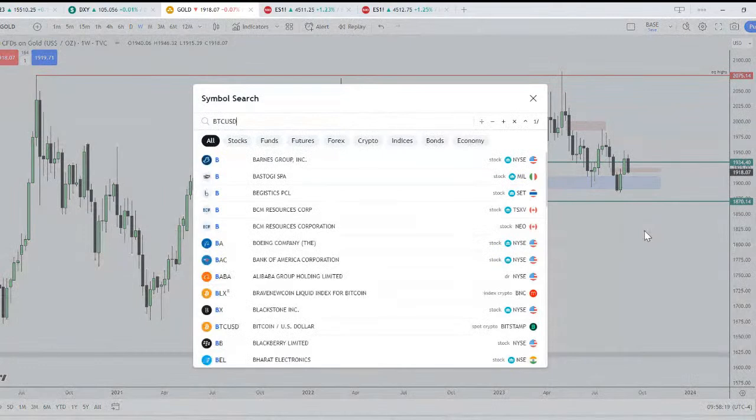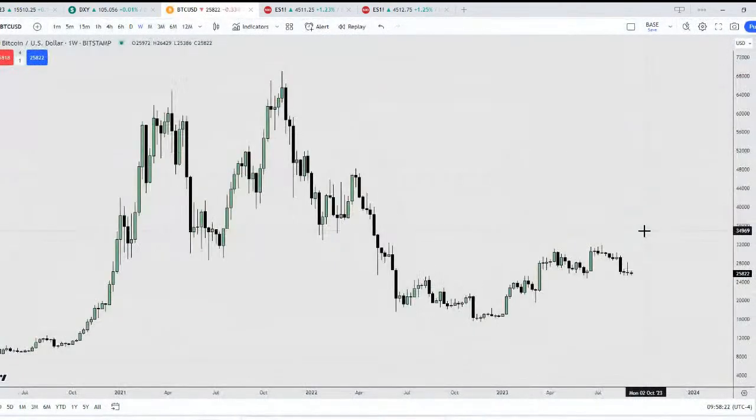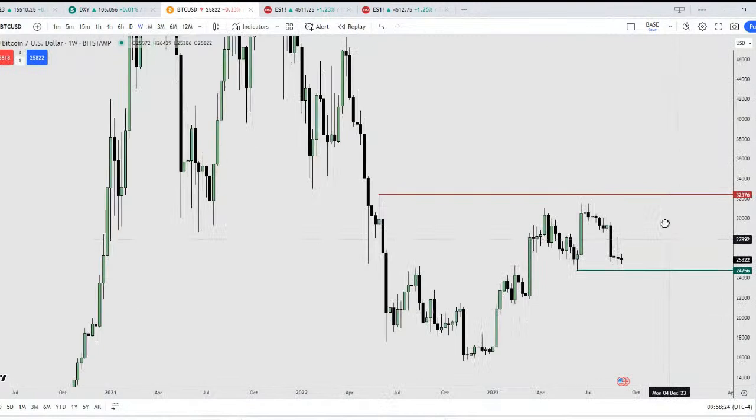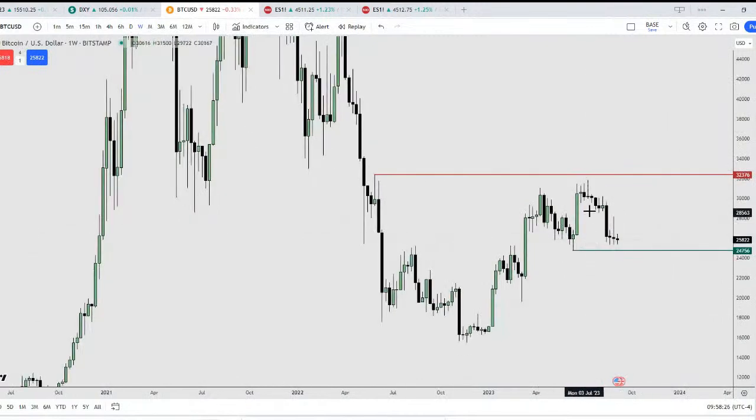Bitcoin, I don't think I want to talk too much about Bitcoin until it gets moving. So far, as you can see from the chart right here, nothing much has happened. Okay, it's kept within this range. So if I'm to force a bias, I think a sweep of these lows down here, maybe into this area here before a full breakdown.